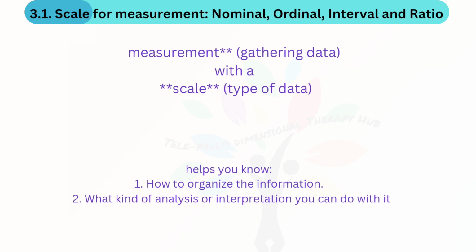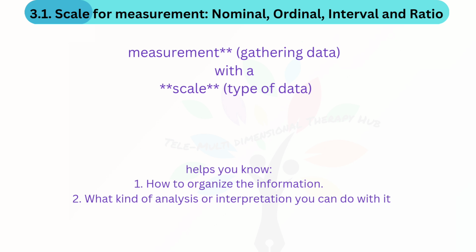So putting them together, scale of measurement. When you combine measurement, that means gathering data, with a scale, that means a type of data, you get the scale of measurement. This helps you to know how to organize the information and what kind of analysis or interpretation you can do with it.